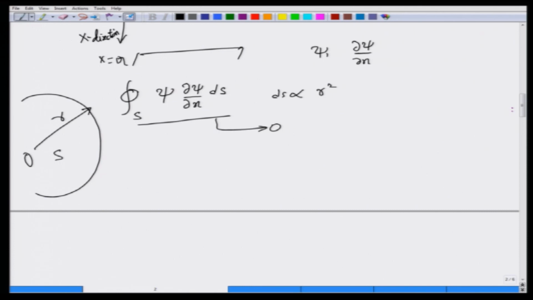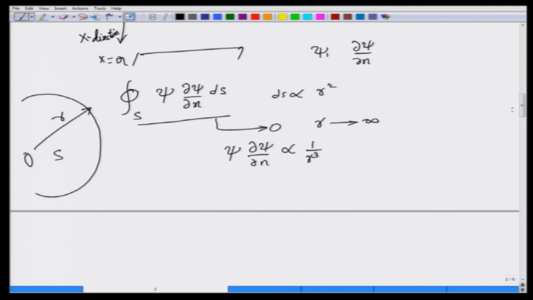Well, I cannot just say this to be 0 at a particular value of r. My qualifying condition is that if I start increasing the radius of the sphere to infinity, that is, imagine I take a sphere and keep on increasing this distance to infinity, then when will this quantity be equal to 0? It will be equal to 0 provided this psi del psi by del n goes at least as 1 by r cube, correct.